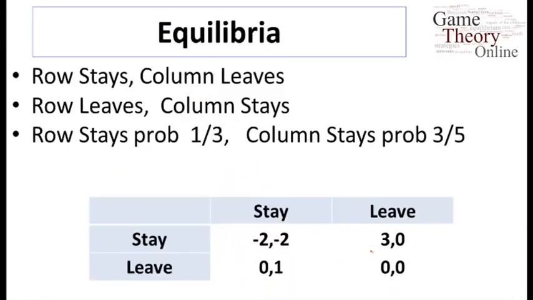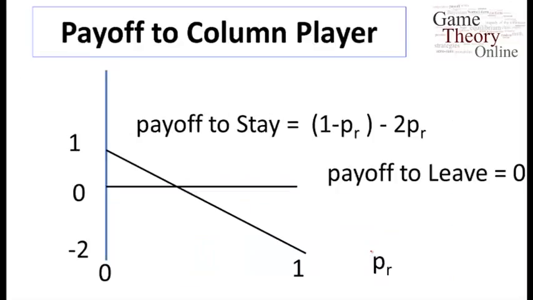Okay, we can do the same analysis for the column player. If you go through and look at the column player's payoff as a function of what the row player is doing, we can do the same analysis. Here we map out, as a function of PR, the payoff to stay for the column player. If PR is 0, then this payoff becomes 1. So we start up here at 1.